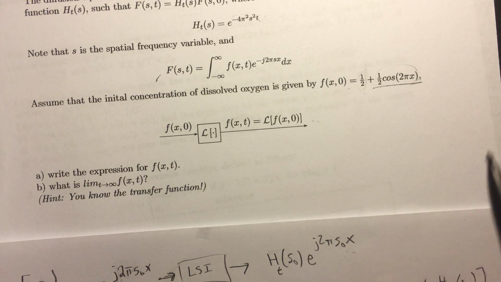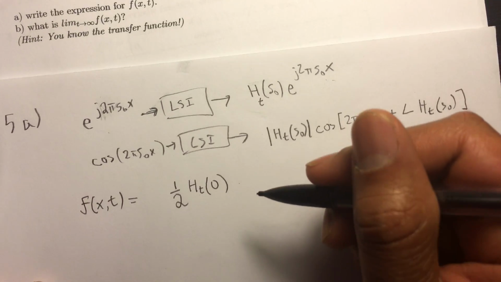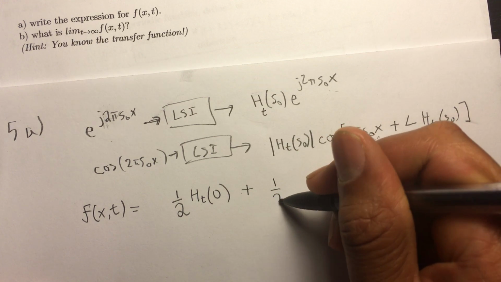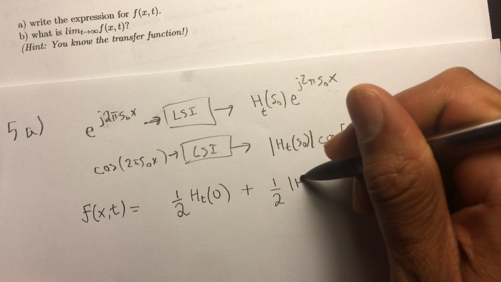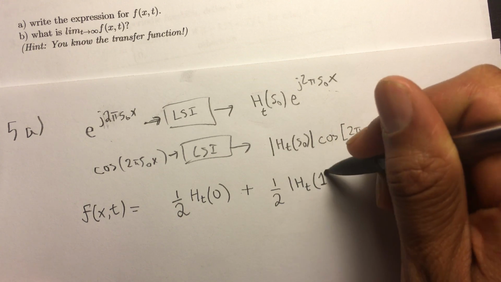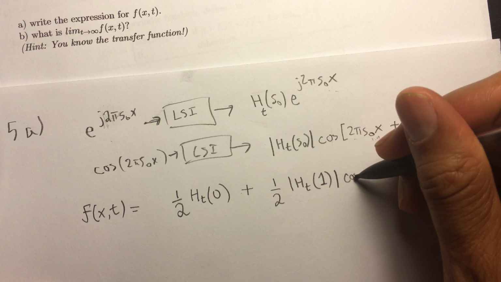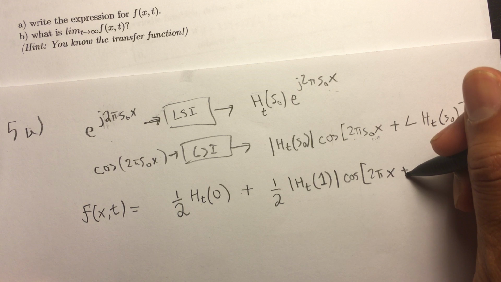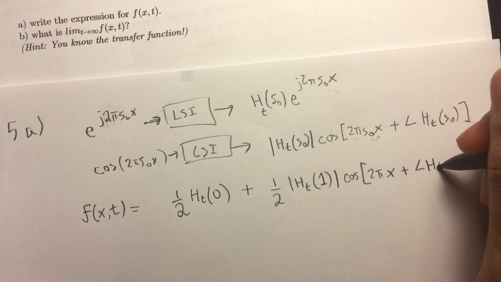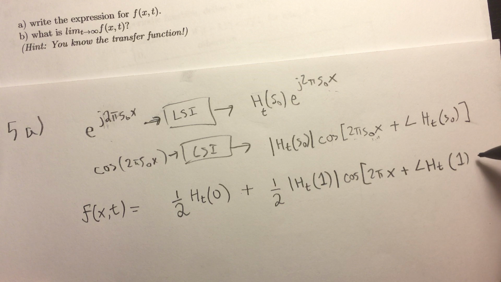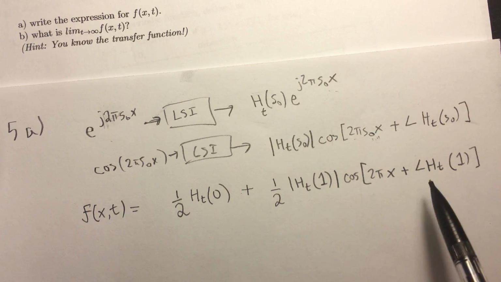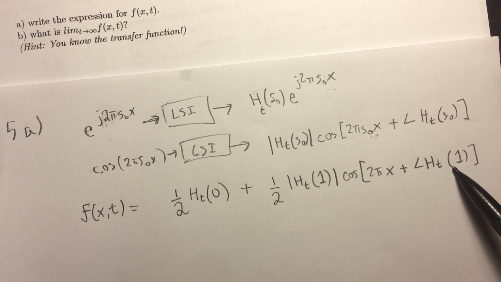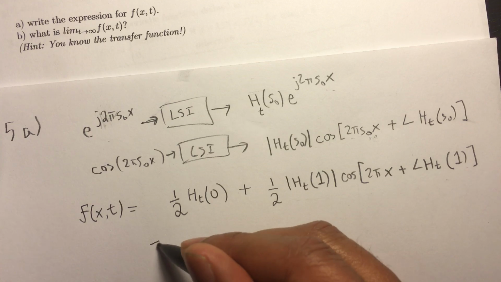The second term, the cosine, is going to come out scaled by h sub t of 1, and phase shifted by the phase of the transfer function at s naught equals 1. Okay, so that's it, we're done.